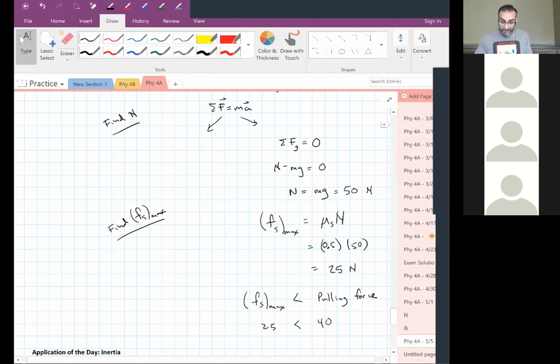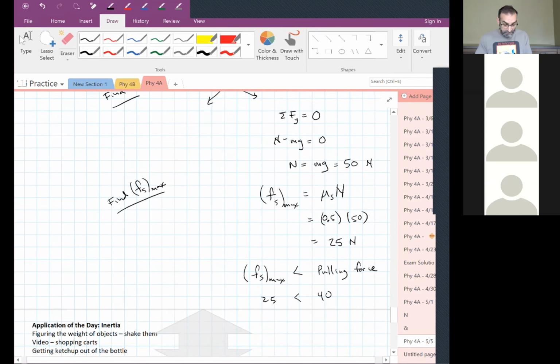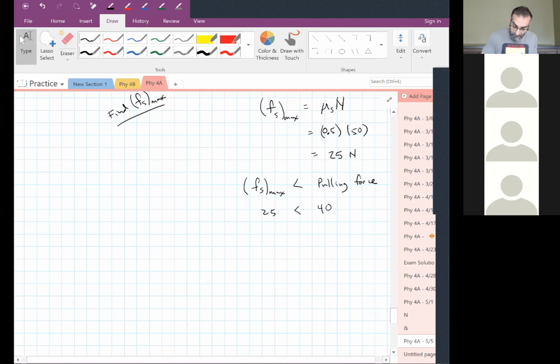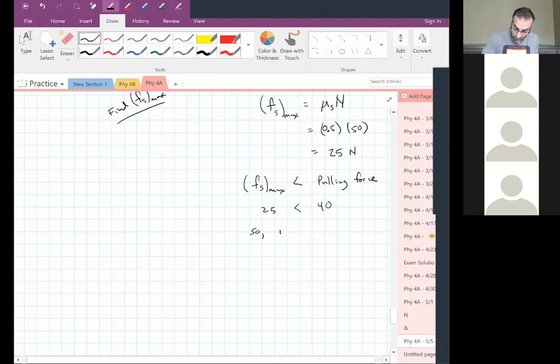So it moves. So if it moves, what does that mean? Kinetic friction, right?